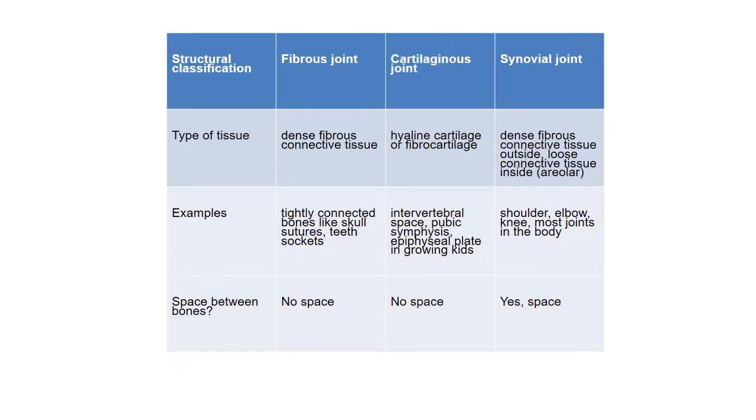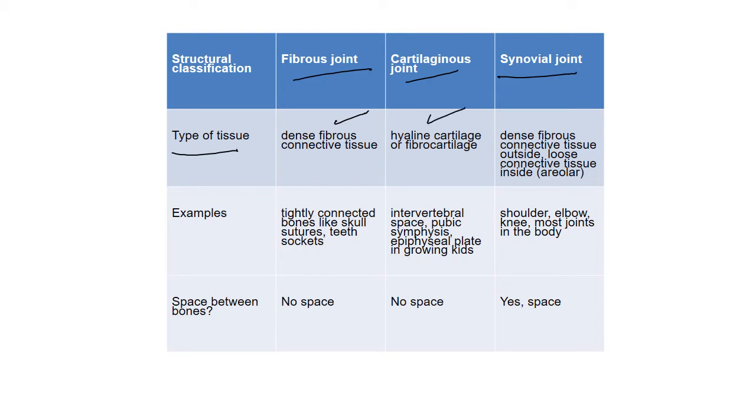Next slide. Here's a table showing the structural classification of fibrous, cartilaginous, and synovial joints across the top. The type of tissue you find in those: in fibrous, dense fibrous connective tissue. In the cartilaginous joint, hyaline cartilage or fibrocartilage.